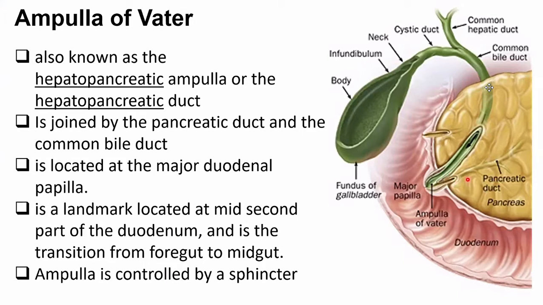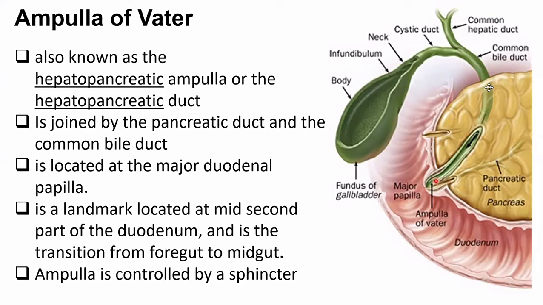And this is the anatomical transition from the foregut. I mentioned foregut, mouth, to the first half of the duodenum. That's the foregut. So this is the transition from the duodenum and down, the rest of the small intestine.